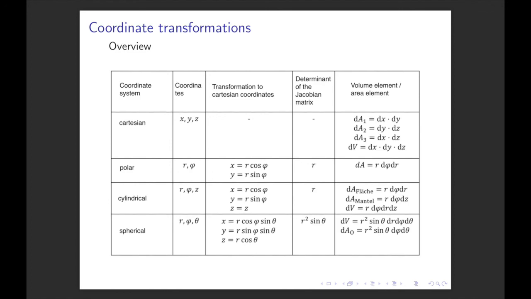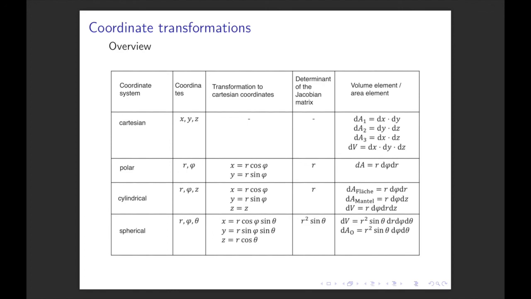The area changes just the same way. There is the r squared sine theta, but then we have d phi, d theta because we do not change in r direction if we only look at an area. This is like a restriction of the spherical coordinates to the shells of the balls.